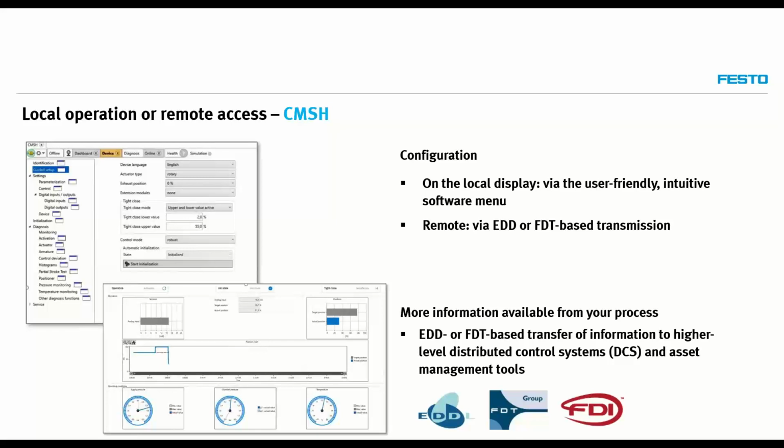By transferring the information to the main DCS system and asset management tools, we get even more information about the process and enable quick and predictive maintenance for the process valve. This will increase the availability and the efficiency of the plant and the system itself.